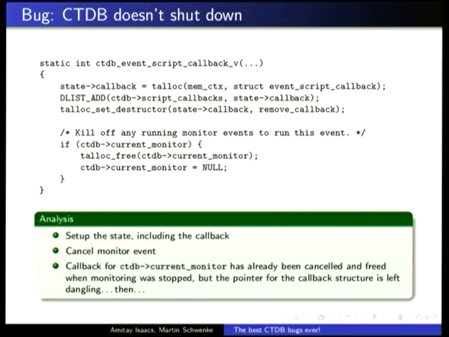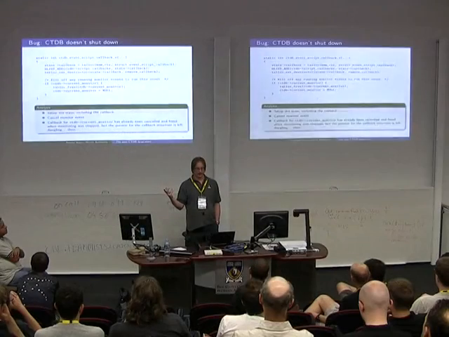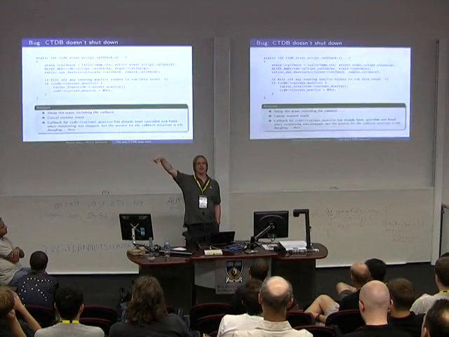Now, remember way back on about the first slide of this, we stopped monitoring. Well, what that did, you can see this current monitor pointer here. There's a callback in that structure. It's the same sort of structure we're talking about here. Well, the callback there got cancelled and freed, and we've got a dangling callback pointer.